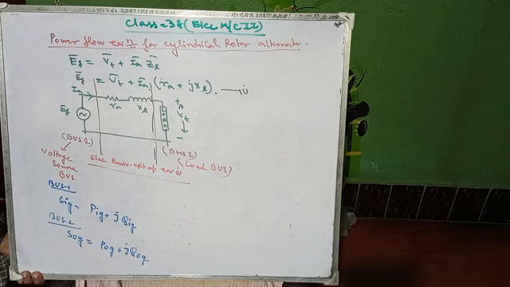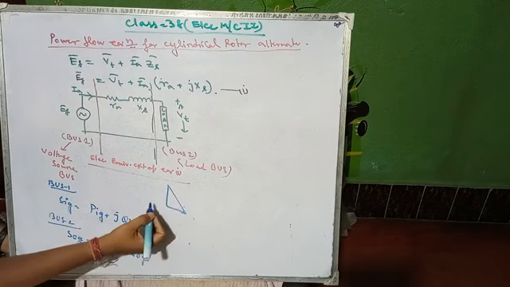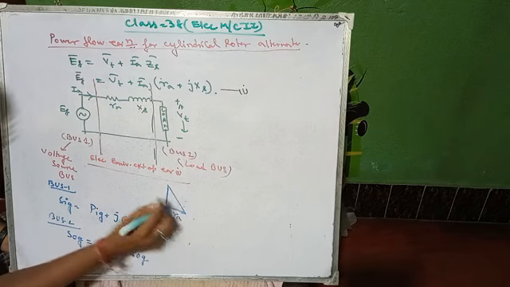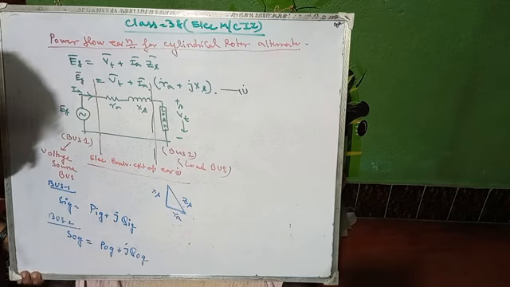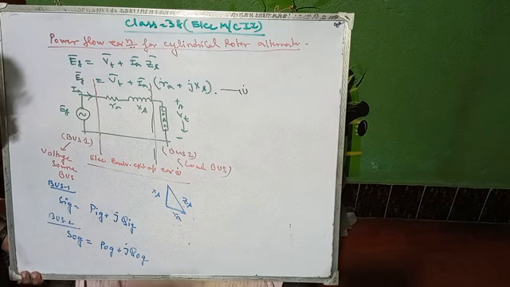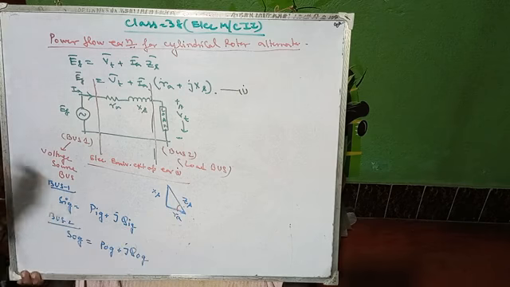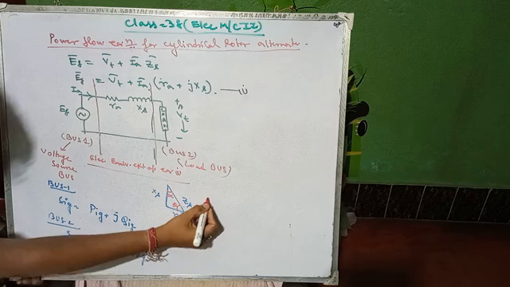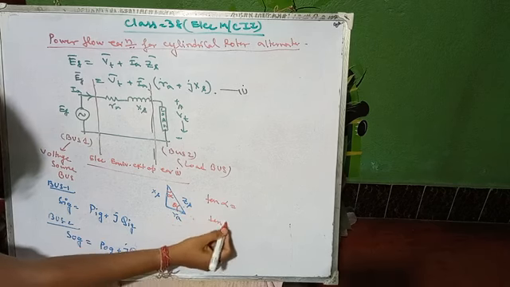From this concept we first express the impedance triangle. This is Ra, this is Xs, and this is Zs. If this angle is theta and this angle is alpha, what are tan alpha and tan theta?